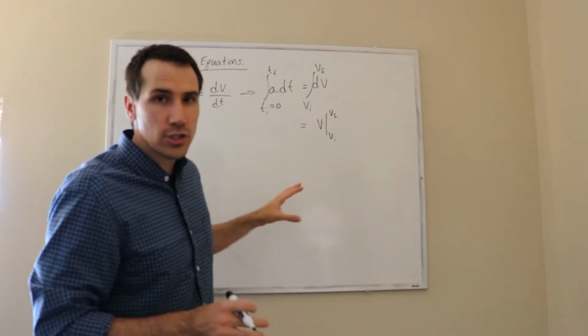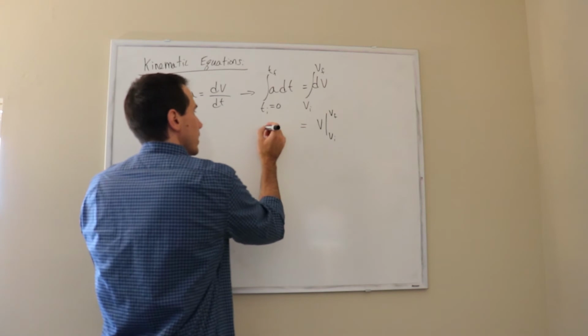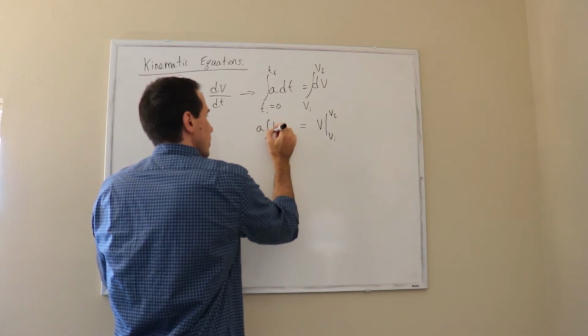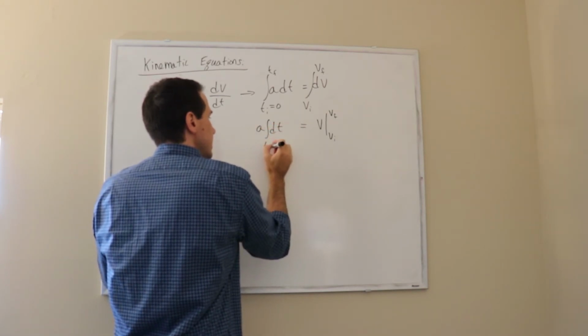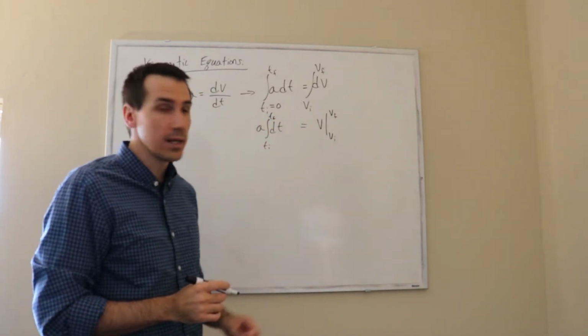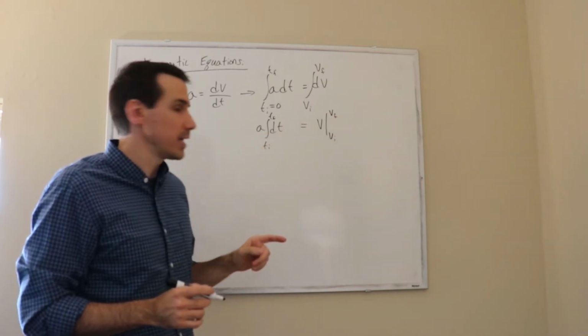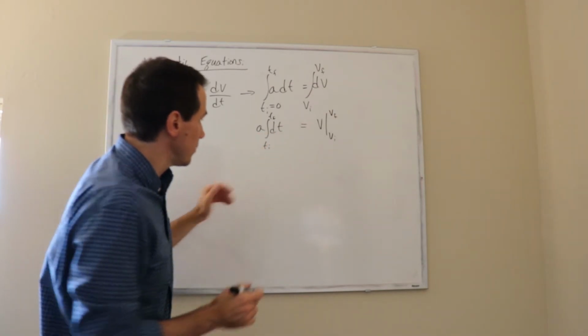And if the acceleration is constant, it doesn't depend on time, and I can rewrite this integral as a times the integral of dt. Because if this doesn't change, it doesn't need to be inside of my integral.